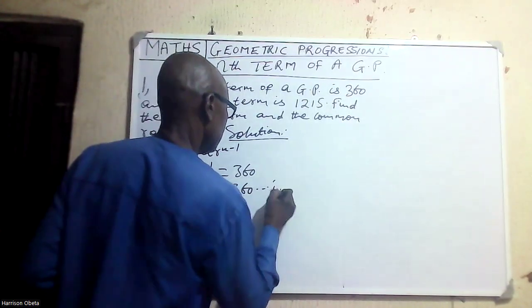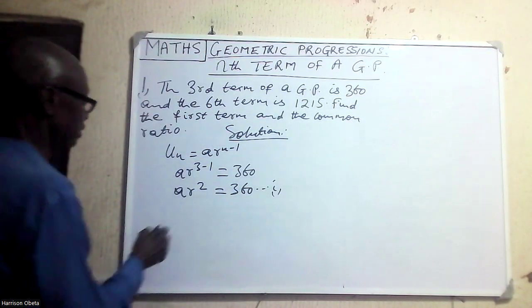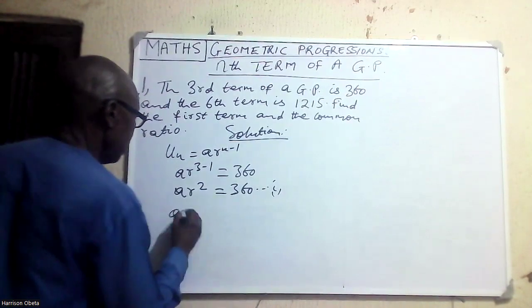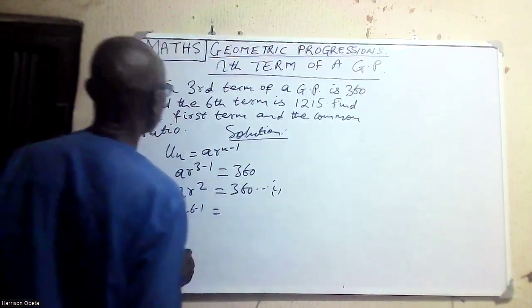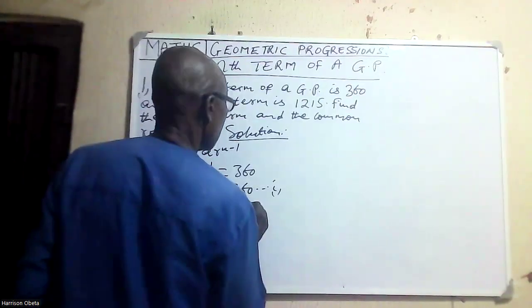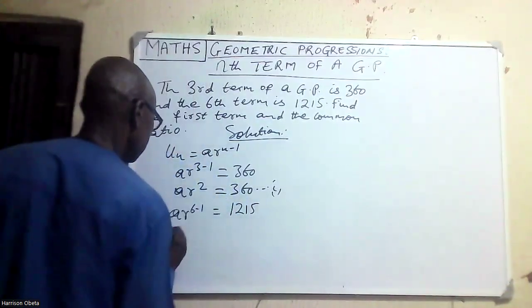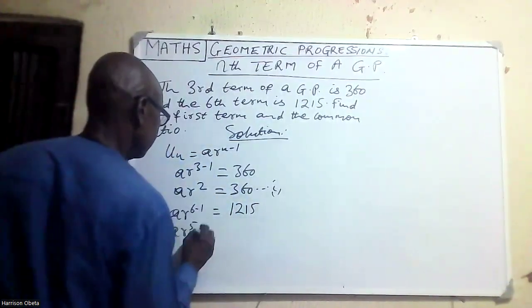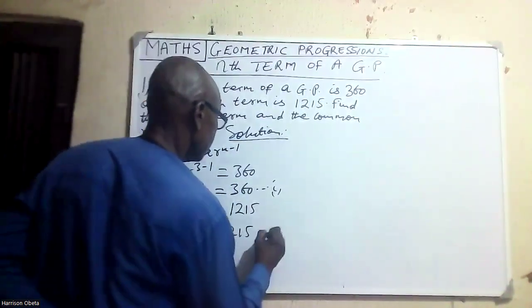We can call this equation 1, followed by the sixth term, that is ar raised to power 6 minus 1 equals 1215. That means ar raised to power 5 is the same thing as 1215.